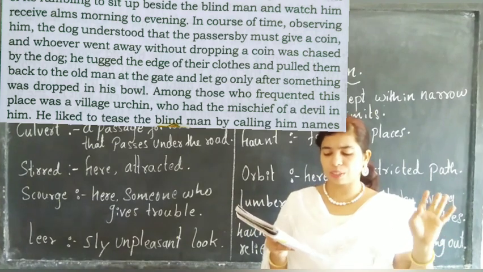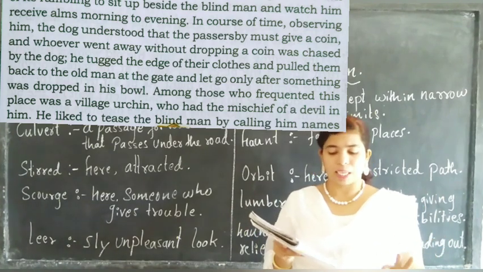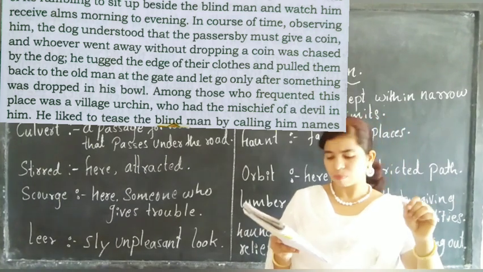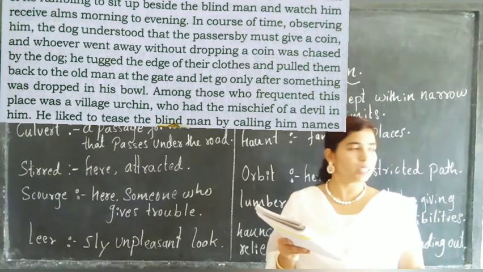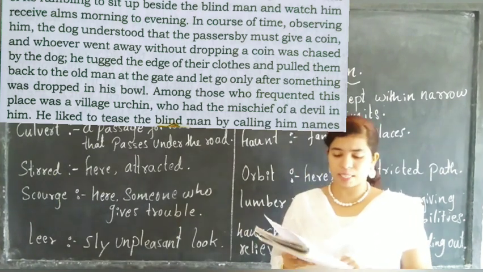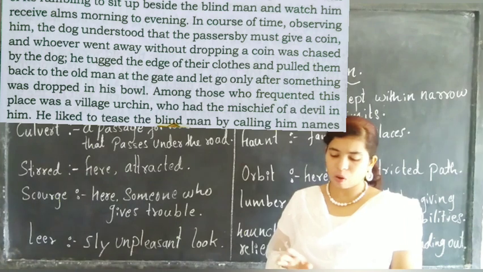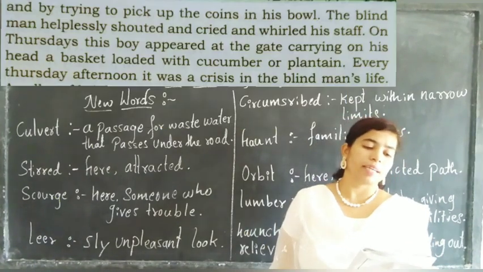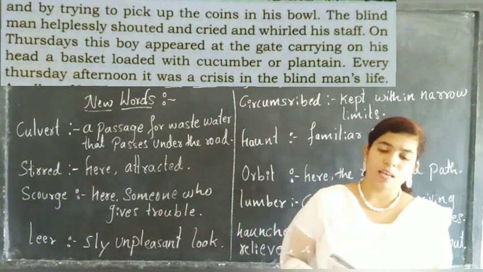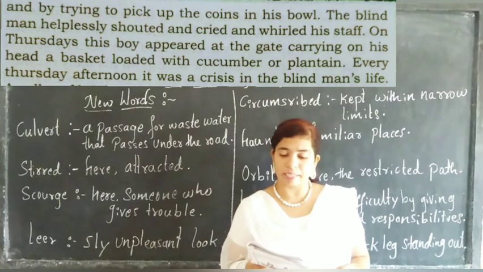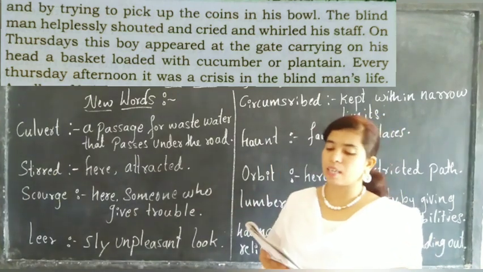Among those who frequented this place was a village urchin, who had the mischief of a devil in him. He liked to tease the blind man by calling his name and by trying to pick up the coins in his bowl. The blind man helplessly shouted and cried and whirled his stick.